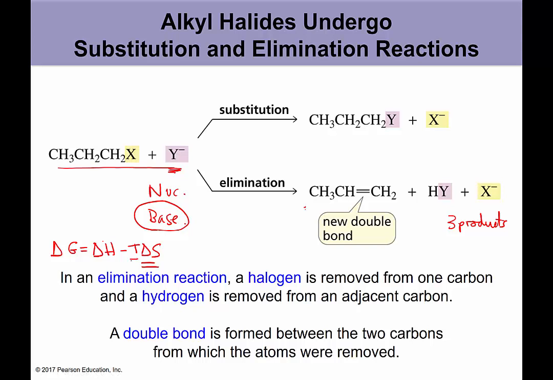That means it's temperature dependent, and as temperature goes up, the free energy becomes more negative. So delta S is positive, temperature goes up, this whole term becomes more negative. As a result, high temperature favors elimination. So low temperature is substitution, high temperature tends to be elimination.